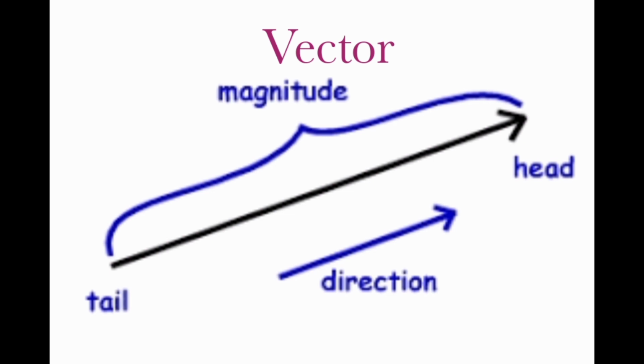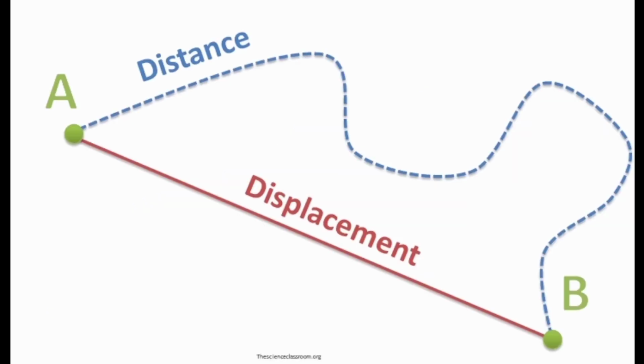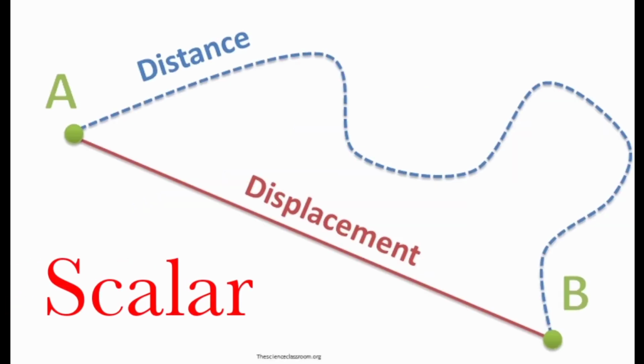So vector has a numerical value, and it also mentions which direction it is going in. In the same way, for scalars, direction is not needed, only the magnitude, that numerical value, is required. So we call it a scalar quantity.